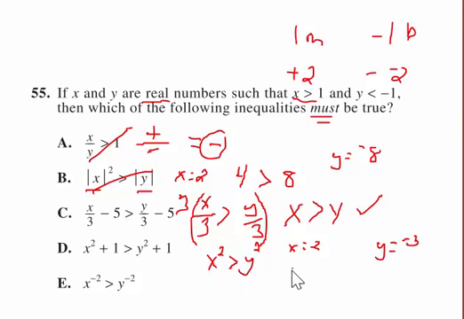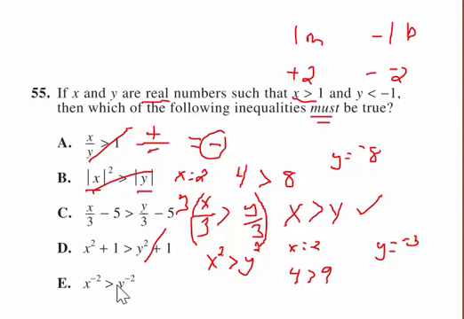X squared then would be 4, greater than y squared, and if you square a negative number, it's always going to be positive. So this side would equal 9. 4 is not greater than 9, so we know this one can't be the case.